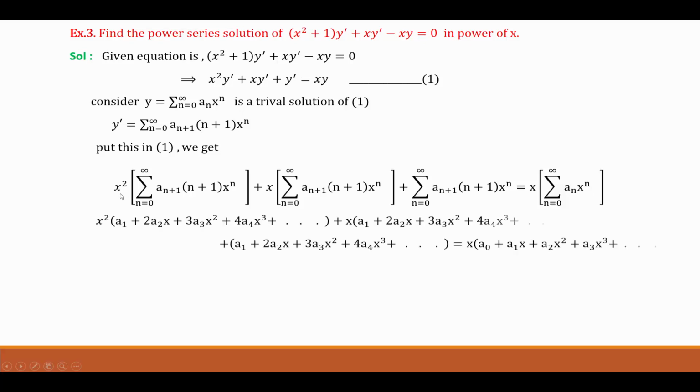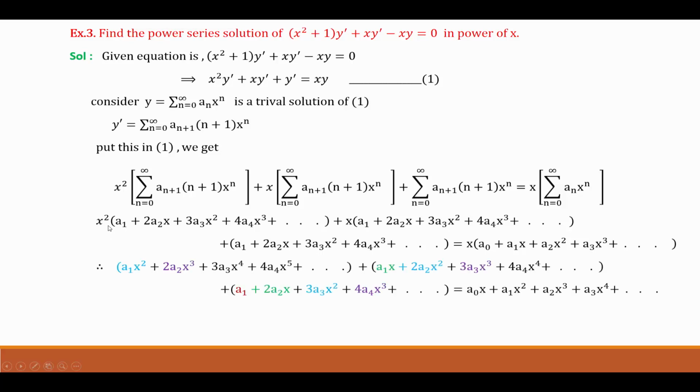Now simplify this term. Therefore x square into sigma is a1 plus 2a2x plus 3a3x square plus 4a4x cube plus dot dot, plus x into again the same sigma a1 plus 2a2x plus 3a3x square plus 4a4x cube plus dot, plus again the same sigma a1 plus 2a2x plus 3a3x square plus 4a4x cube plus dot, is equal to, right hand side, x into sigma which is a0 plus a1x plus a2x square plus a3x cube plus dot dot dot.